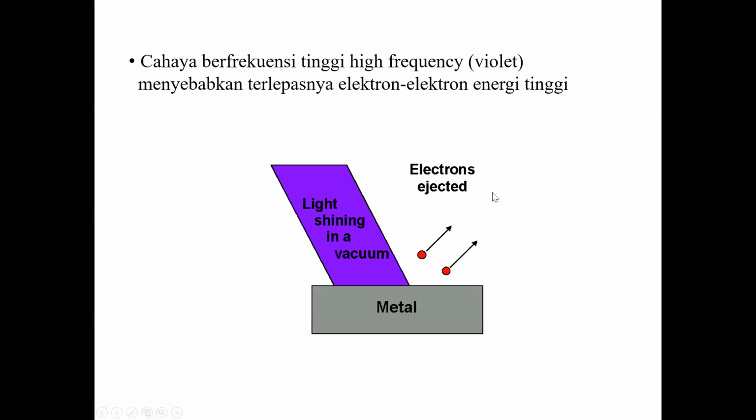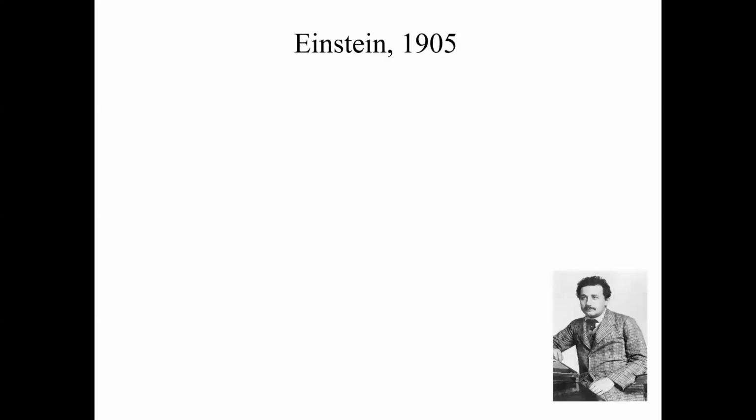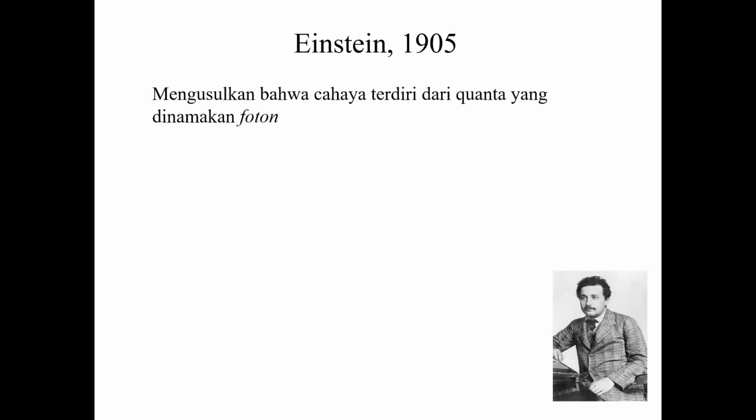So this is high frequency light, such as violet or ultraviolet. Then Einstein in 1905 formulated the theory of the photoelectric effect by introducing the quanta. We call it the photon.